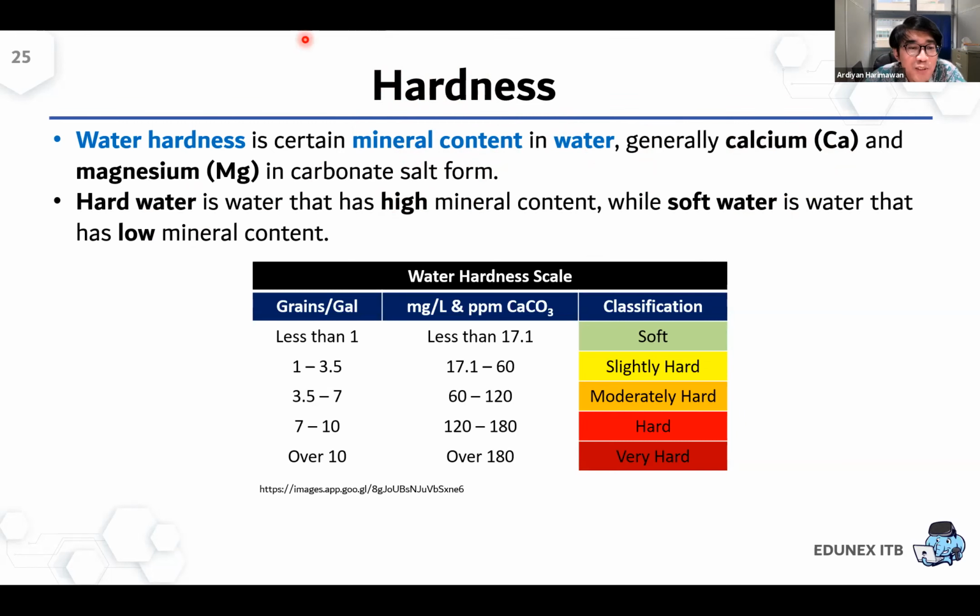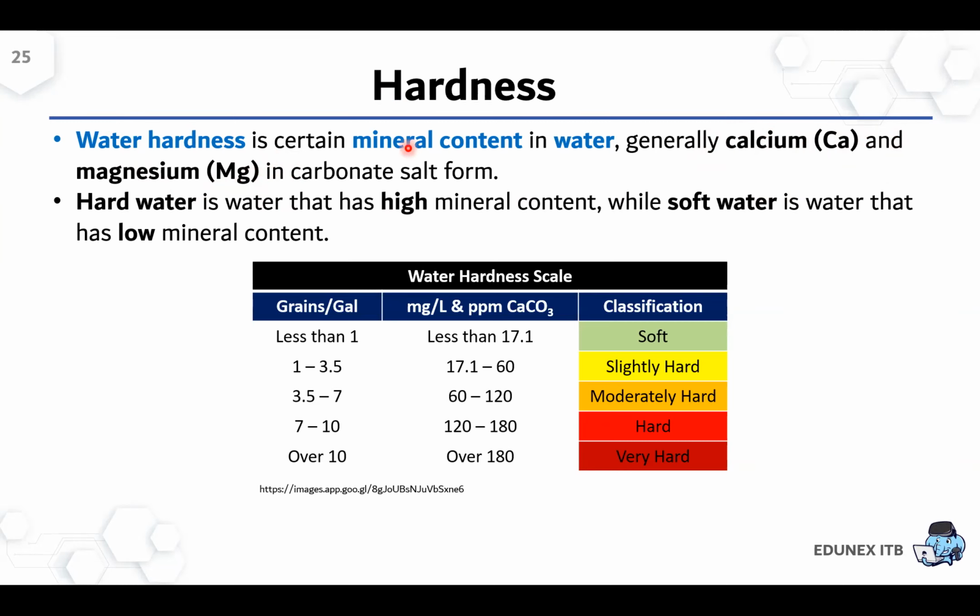Or not industrially, but in daily life, what will be the effect of hard water? Air sadah in Indonesian. Yep. One of them is stain, which causes scale like that? Not stain. Stain is basically from other components, normally manganese or iron, but this one comes from calcium and magnesium.